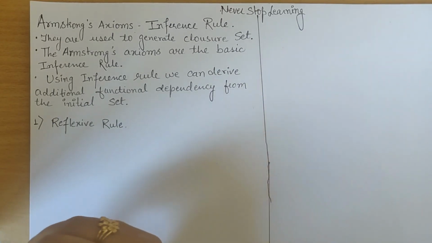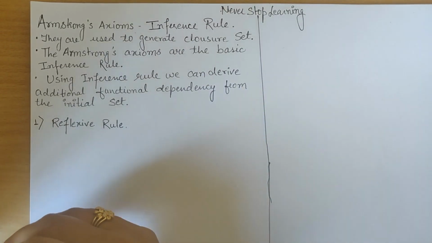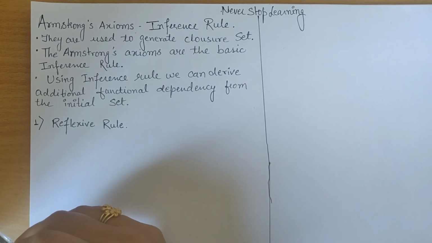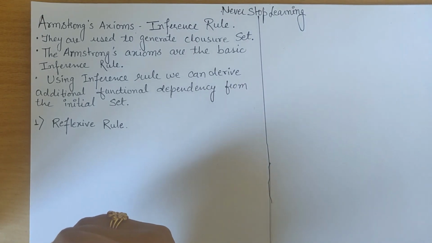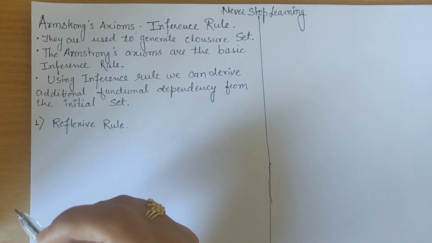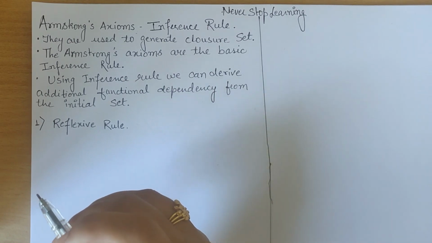So let's understand the meaning of an axiom. An axiom is a statement that is taken to be true and serves as a premise or standing point for further arguments.